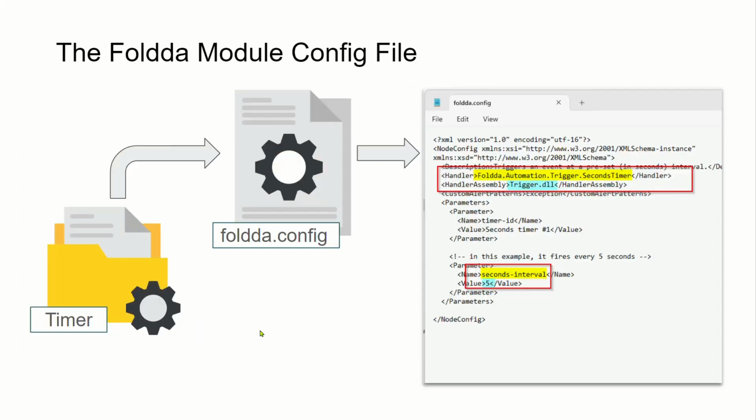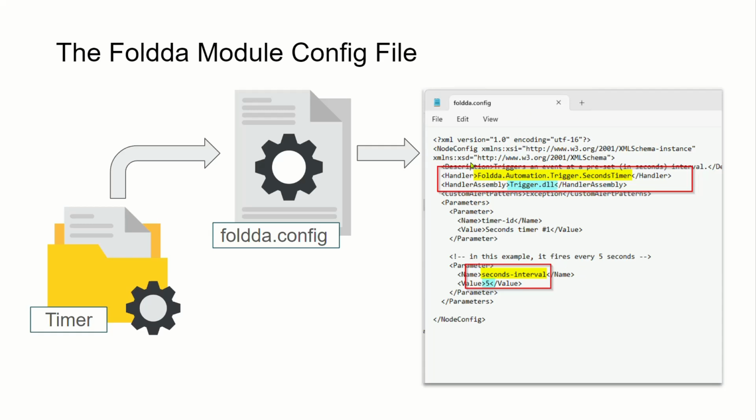For example, in the timer module, inside every folder module, there's actually a folder.config file. In this case, in the timer module, we have a config file setting like this.